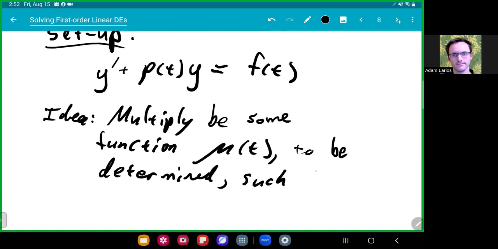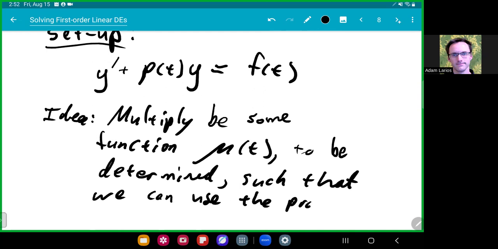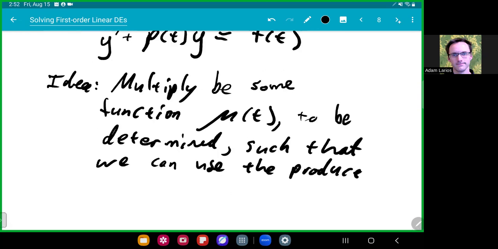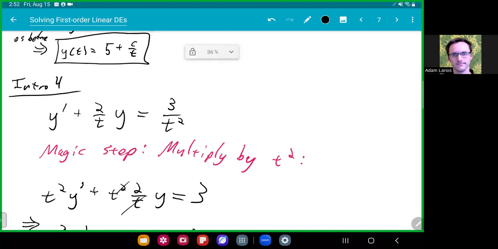Such that we can use the product rule in reverse. That's the idea. We saw it work with this magical technique of multiplying by t squared. In that case, our mu function would be just t squared, and it worked perfectly.